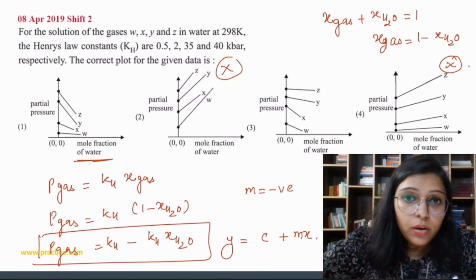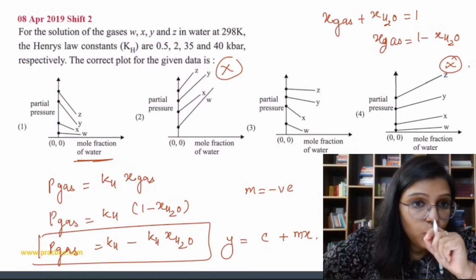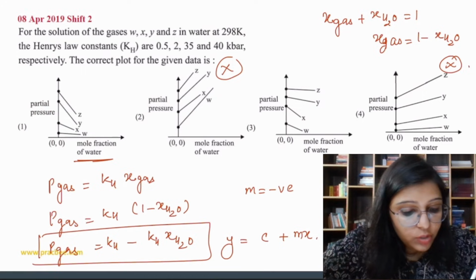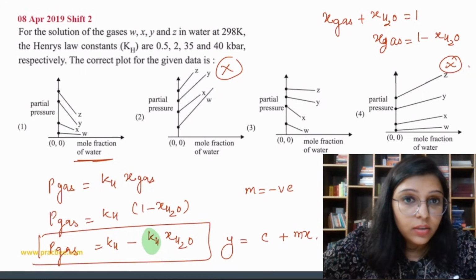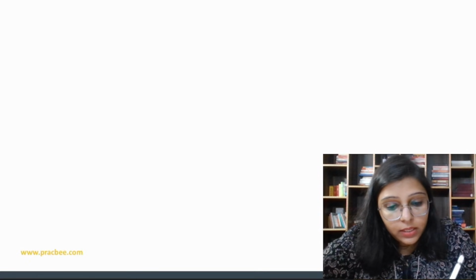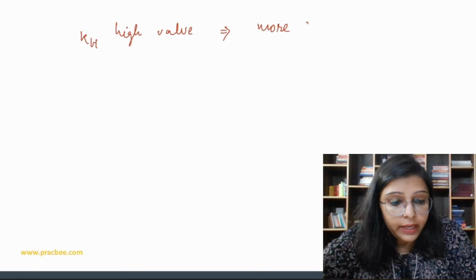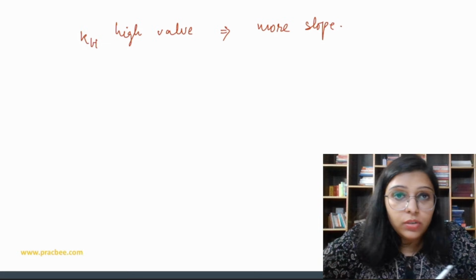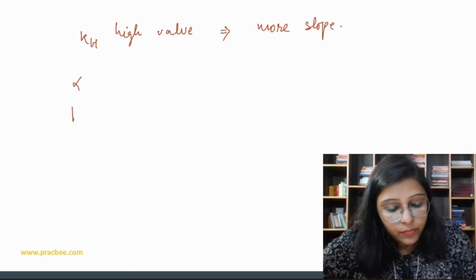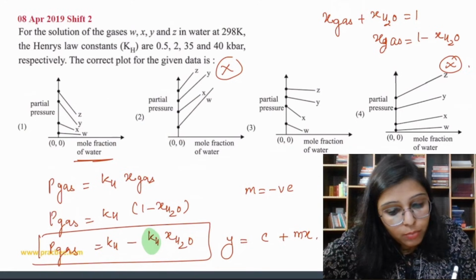So the one which has more value of kH is going to have more slope, right? So kH high value, more slope, right?